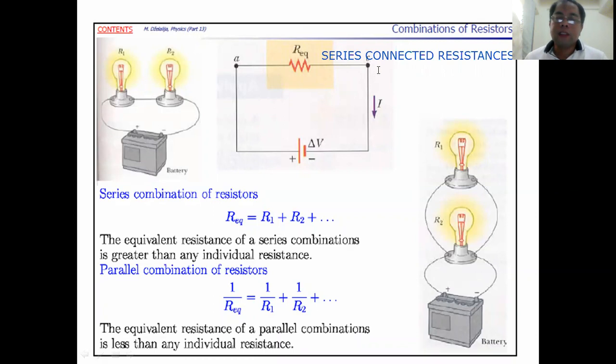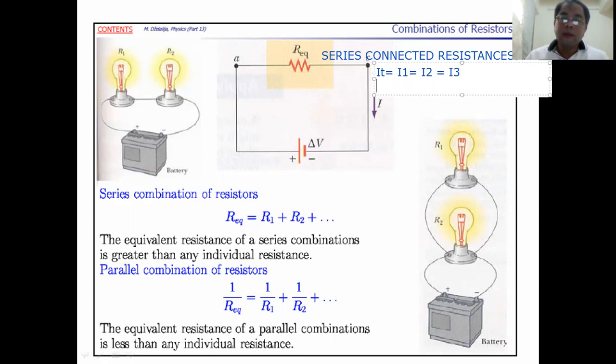First of all, the very first relationship that I will mention is that the total current that comes from the battery is simply being passed on from one device to the next. So if I assume that there are three resistors, I will end up with I1, I2, and I3. But you see there that there are only two bulbs, so we could probably settle with I1 and I2. But let's say there are more. What we will notice is that we will have equal values for our current whenever the resistances are connected in series.